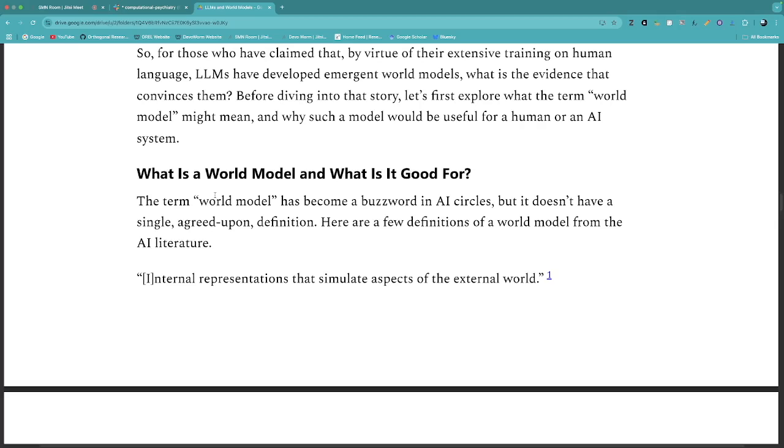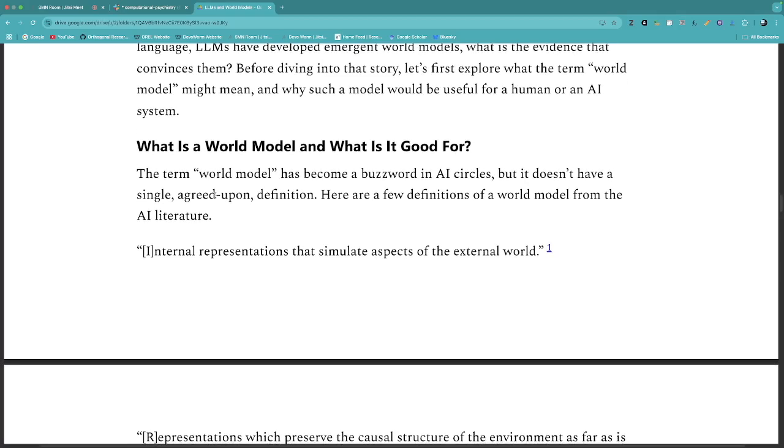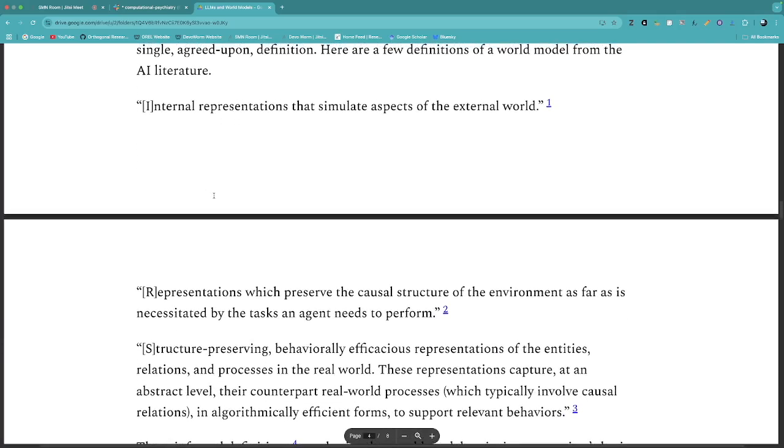So one can do a top-down sort of world model, or one can have the model acquire a world model from the data. And the question is, can the model do that through generalization, through transfer learning, etc. But we can go back to the definitions of world model, and it turns out that they're not all the same.